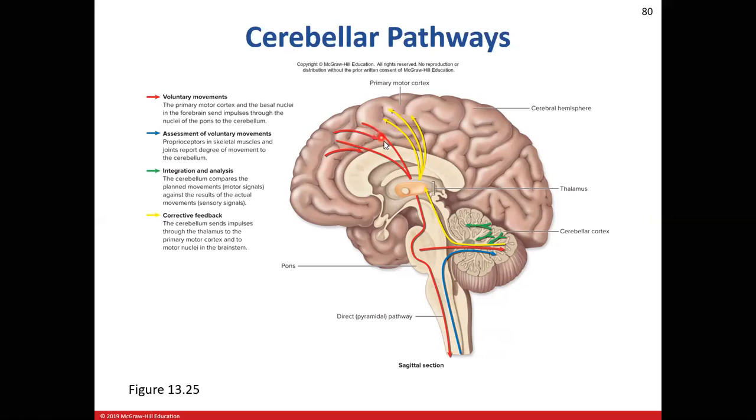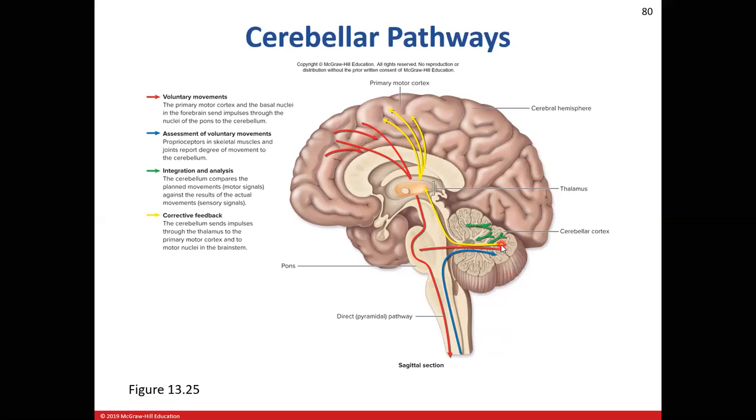As it moves down, it goes down into the spinal cord. It generates a particular movement as it moves into the spine, or as it gets from the spinal cord to the rest of the body. But you also notice that some of those, or some of that information moves into the cerebellum.